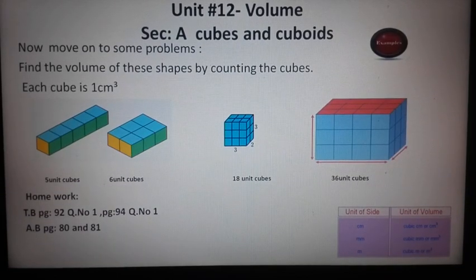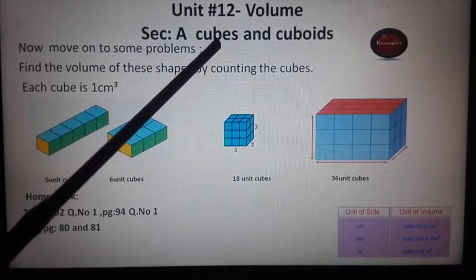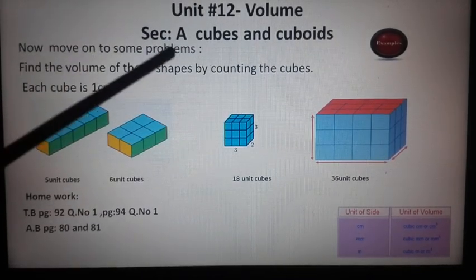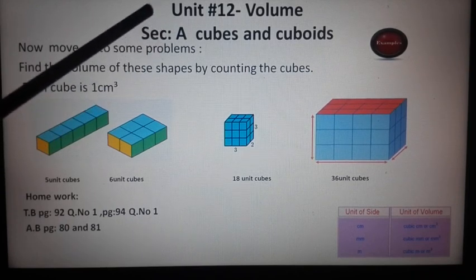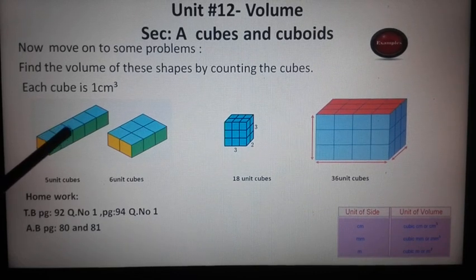Now we can move on to some examples of how to find the volume of cubes and cuboids. In section A, you have to find the volume of cubes and cuboids only by counting. The formulas are not used in section A. In sections B and C, we need to use the formula. Here you can count the cubes used to make that figure and find the volume. Be careful, each cube is 1 centimeter cubed.